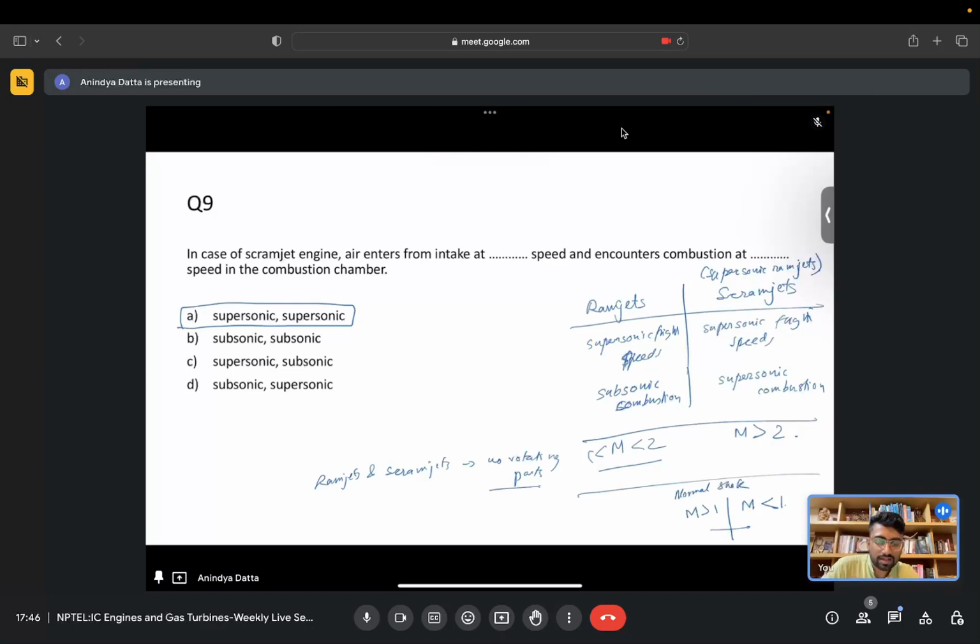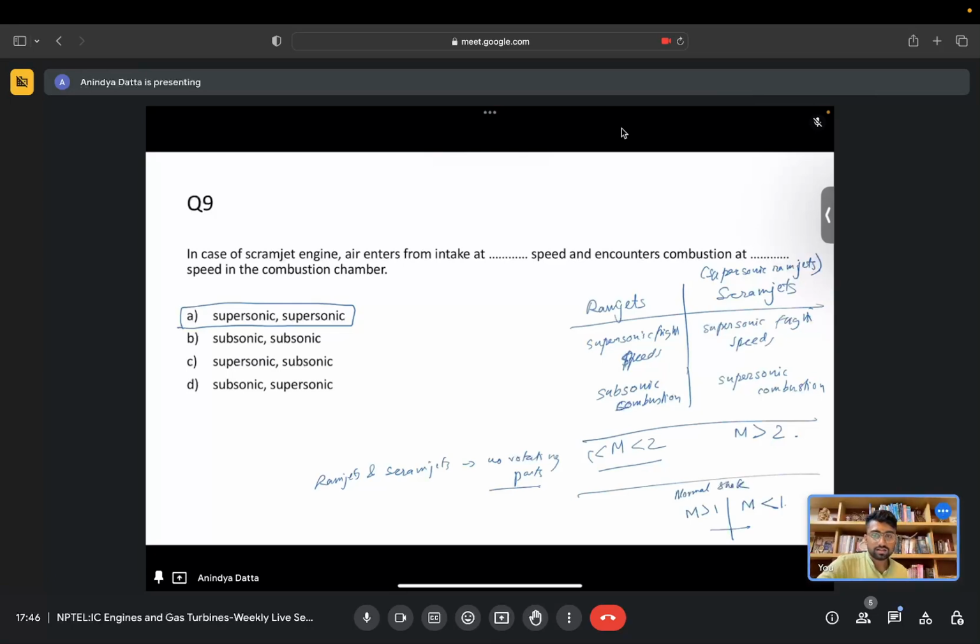What is Mach number greater than 1? What does that mean? It means that the flow velocity is higher than the speed of sound, right? Yes, sir. In the flow, information is communicated in terms of pressure waves, and these pressure waves generally travel at the speed of sound.